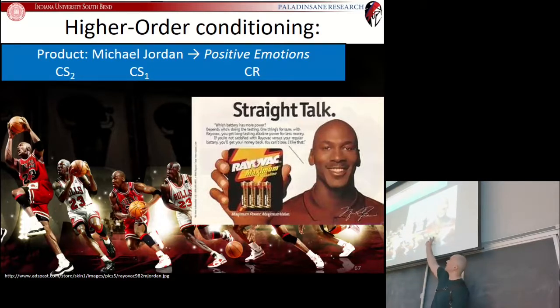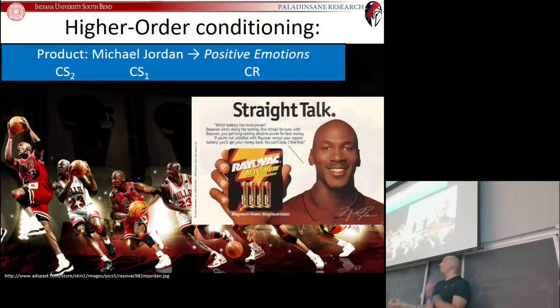So in these advertisements, Michael Jordan is being presented as a conditioned stimulus, but he's not being paired with an unconditioned stimulus. So what do we call the procedure when you see a conditioned stimulus and it's not paired with the unconditioned stimulus? So you present the conditioned stimulus, there's a conditioned response. You then present the conditioned stimulus again, there's another conditioned response. And you keep presenting the conditioned stimulus over and over again with no unconditioned stimulus. Does anybody remember what that's called?